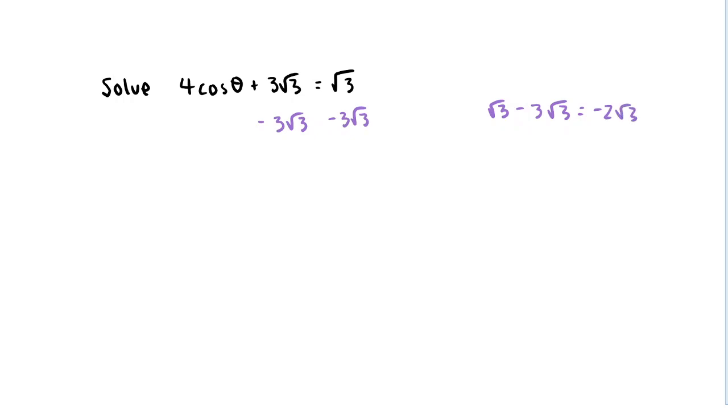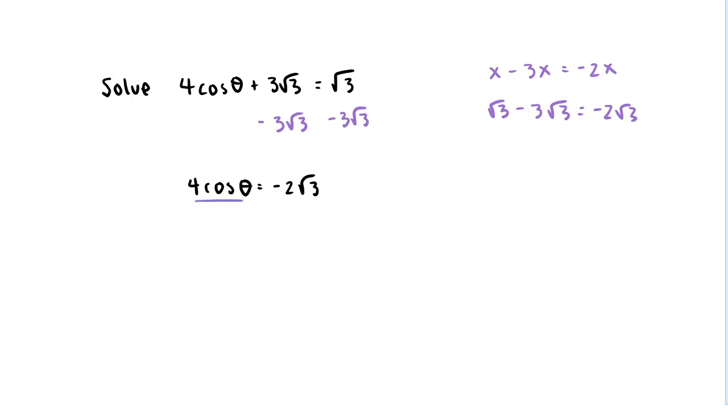It's very similar to if I had x take away 3x. They're like terms, and so we have -2 sets of x. And so here we are left with the equation 4 times cosine of theta is equal to -2 square root of 3.